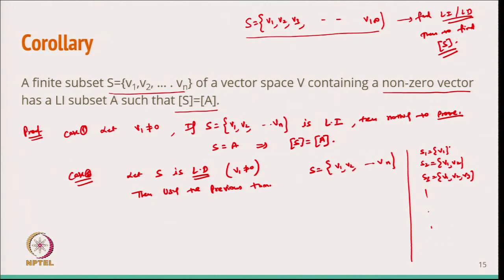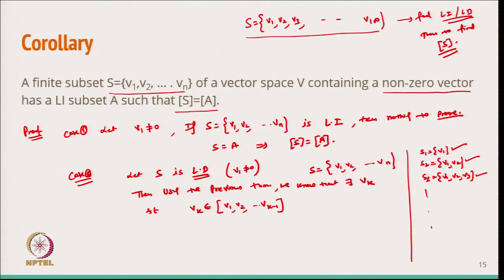Because only one vector is there, it is linearly independent, and then we can check whether each of these sets is linearly independent or dependent. Then from there, using the previous theorem, we know that there exists a vector Vk such that Vk belongs to the span of the vectors preceding this one.